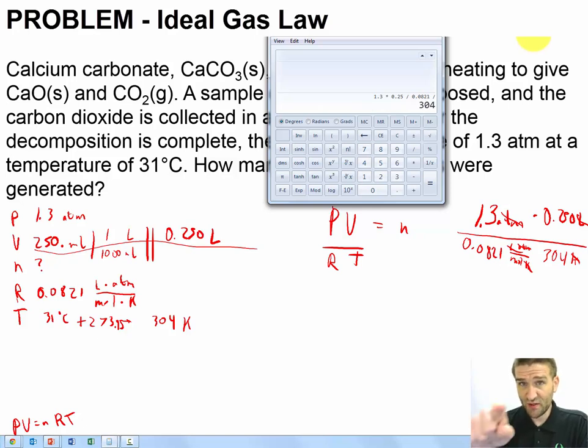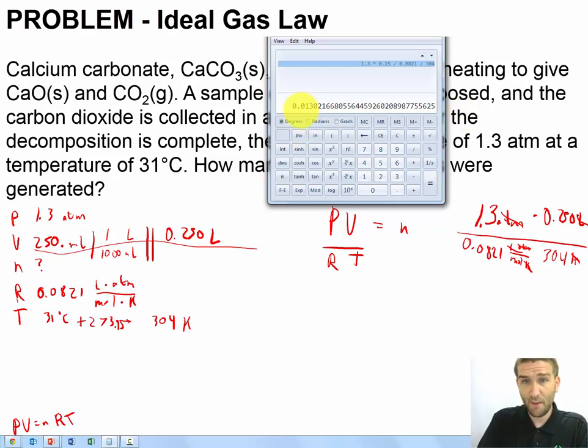Make sure that you remember that you're still dividing by down there on the bottom, because I see a lot of people type that in their calculator as a plus sign right here, as a times sign right there, and we don't want to accidentally screw up our whole calculation. We hit enter and we get this value coming off of it. So we're going to be at 0.013017 moles.